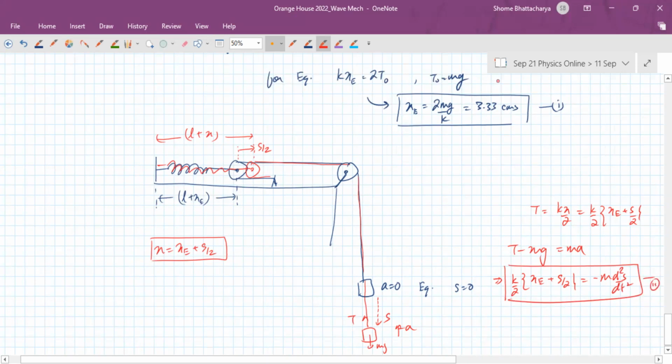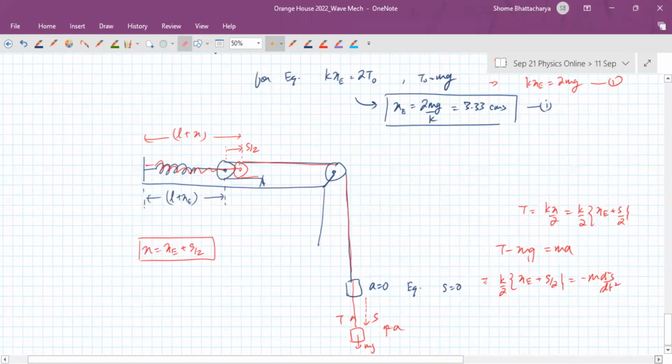Okay, whereas the first equation was this, that, okay, in this equation there is a mg term.